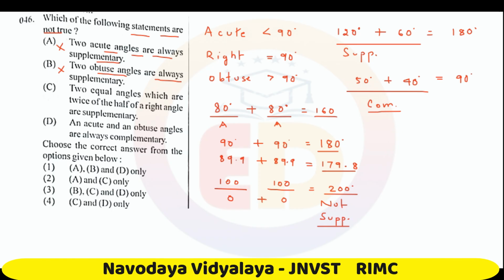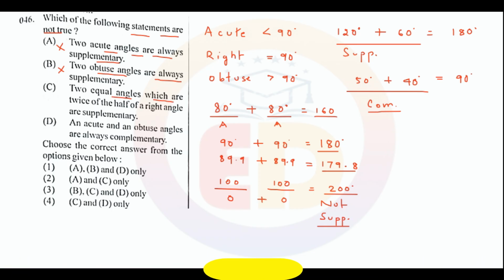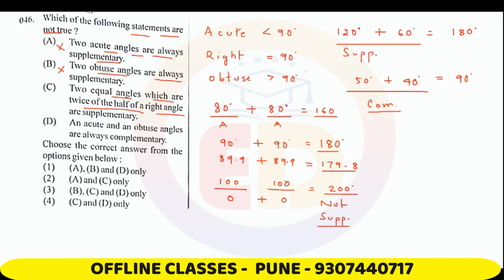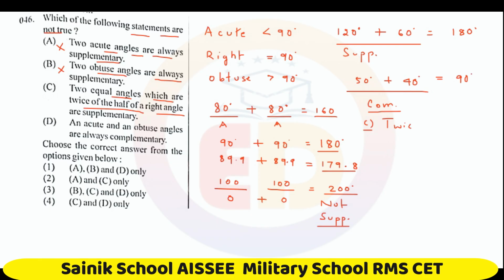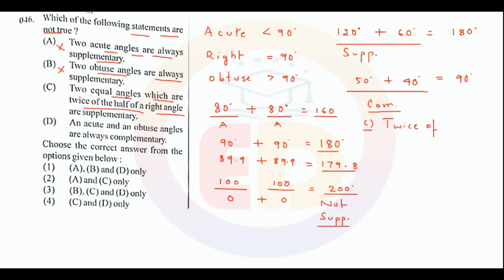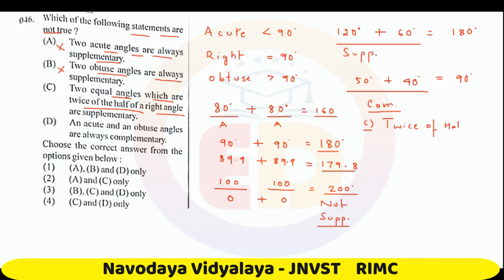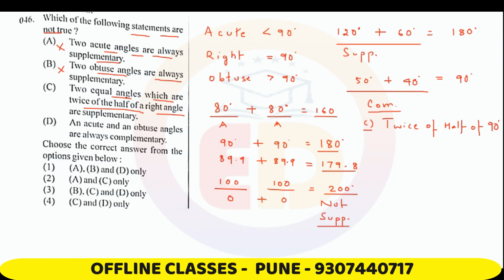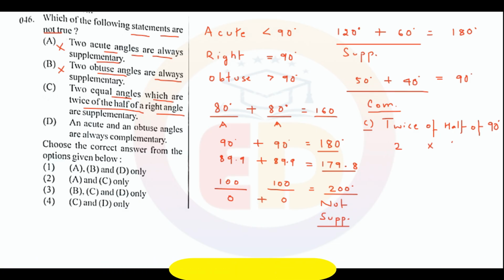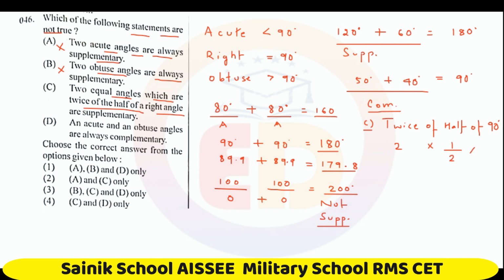Third option, two equal angles which are twice of half of a right angle. Let us understand this sentence. Twice, of half, of a right angle. A right angle is 90. If you convert this into an equation, twice means 2, of means multiply, half means 1 by 2 into 90.